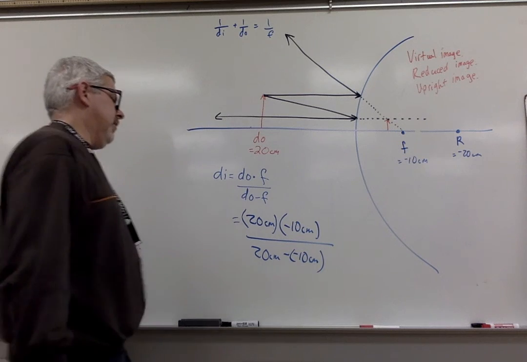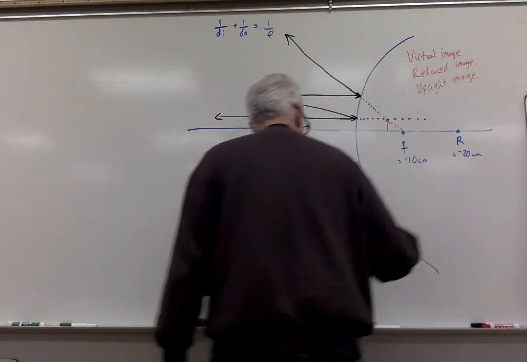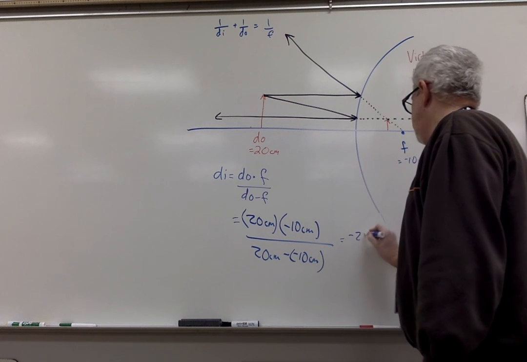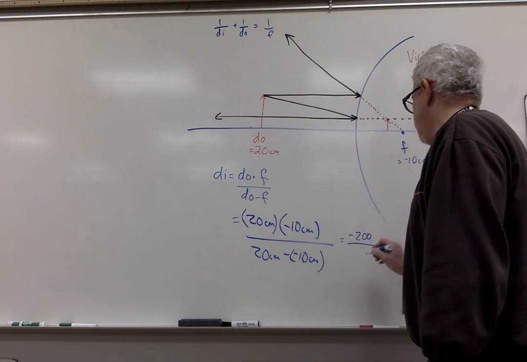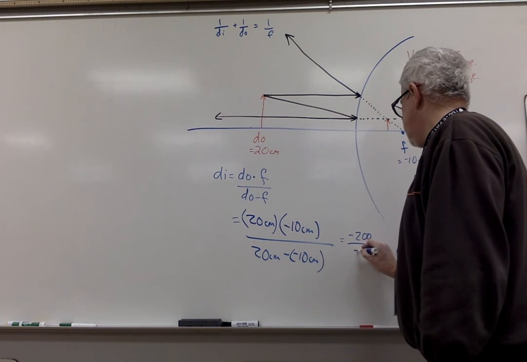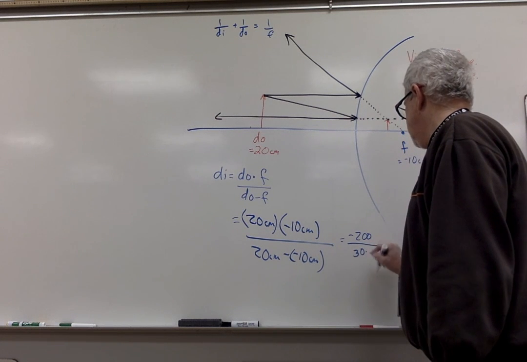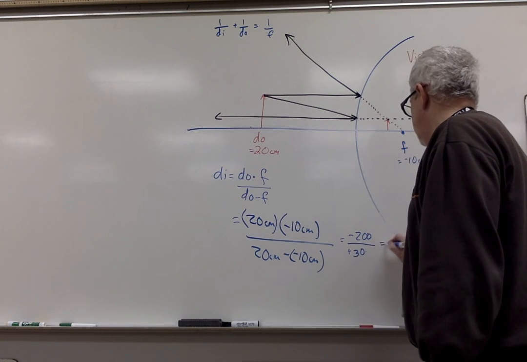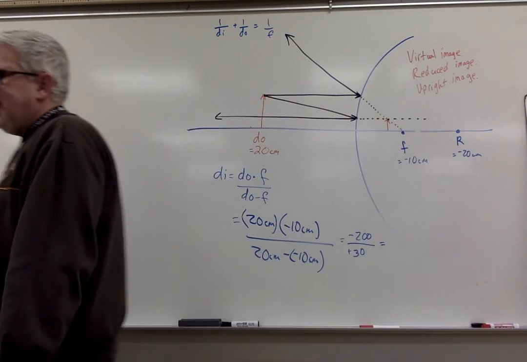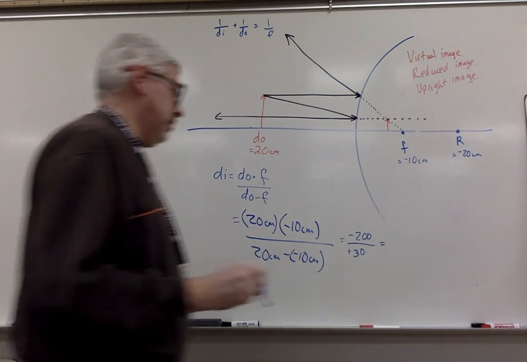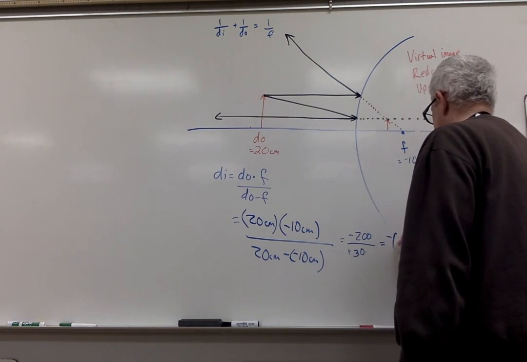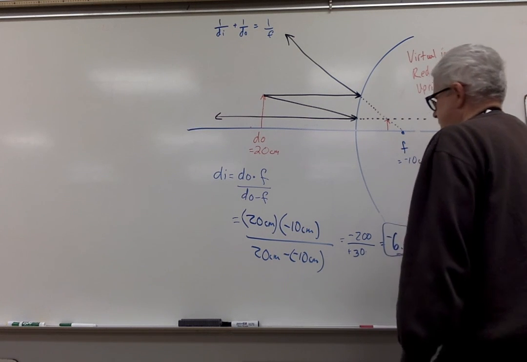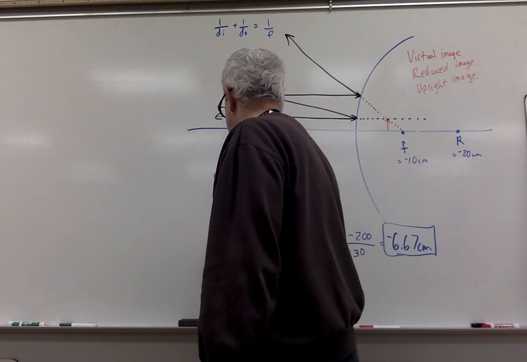Subtracting a negative is the same as adding. So what we end up getting is negative 200 centimeters squared over 20 plus 10, which is plus 30 centimeters. And I think that's negative 6.67. And that is our image distance.